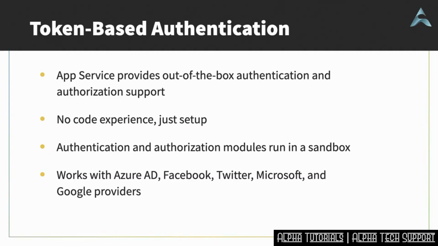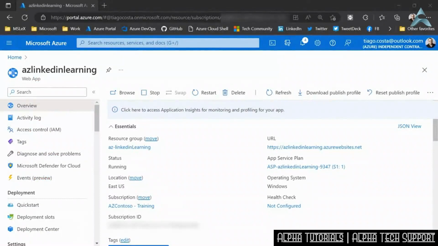And all the authentication and authorization modules are going to run in a sandbox. So that's why you don't need to code for this. And so you can just put this in front of your web applications that were never configured to get this kind of experience, but now you're getting it through this token-based authentication configuration that we have from Azure AD.